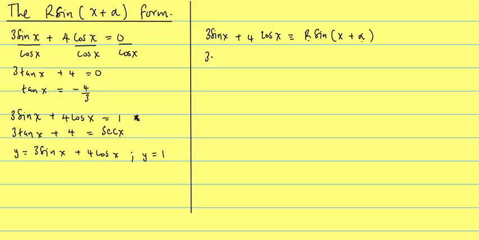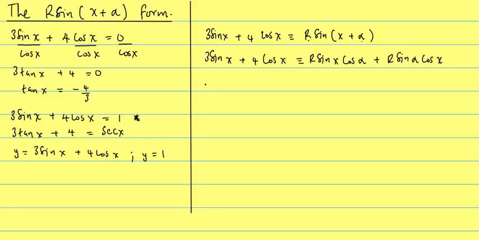Now I can expand the right hand side of this expression using the compound angle formula and make it identical to r sine x cos alpha plus r sine alpha cos x. Now, if the left-hand side is going to be equal to the right-hand side, then the coefficient of the corresponding terms are going to have to be the same.